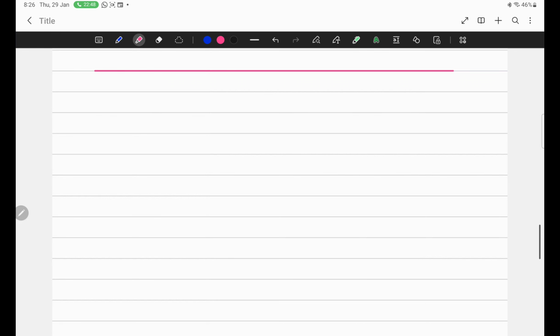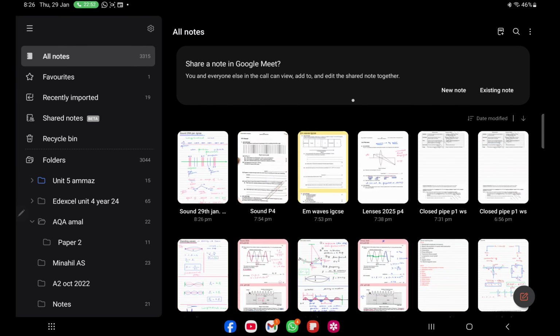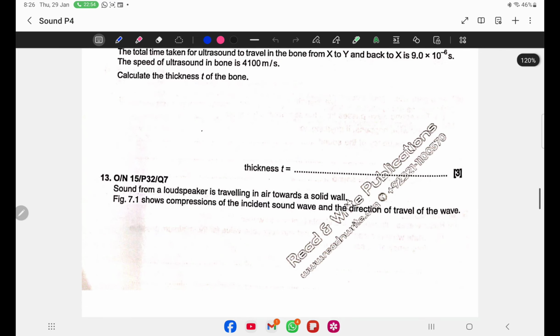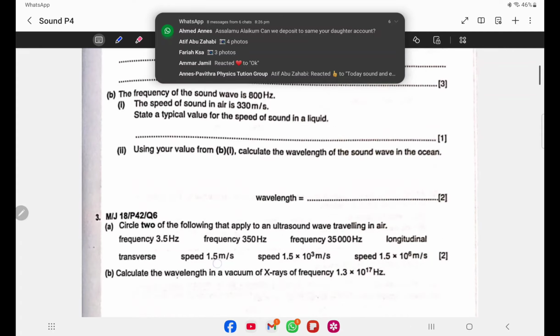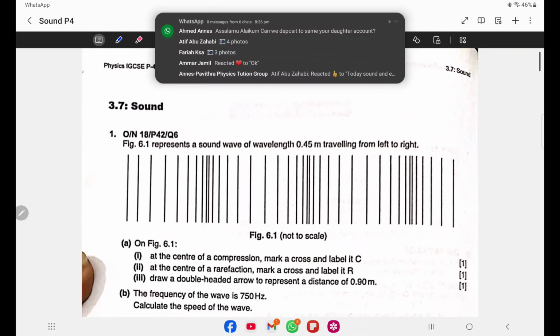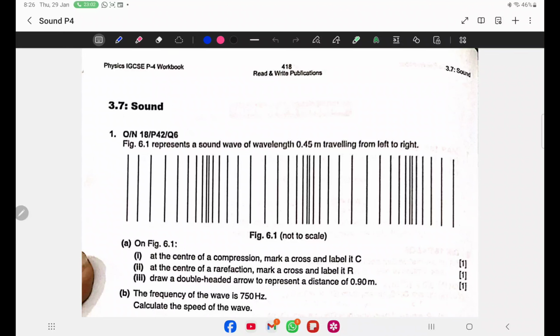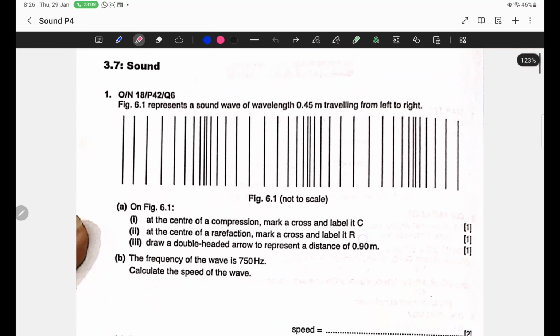And now I think we can start questions from the past paper sheet. This is our past paper sheet, and in this past paper sheet, now we are solving questions on sound. The topic is sound, and this is a sound wave which is shown in front of you.